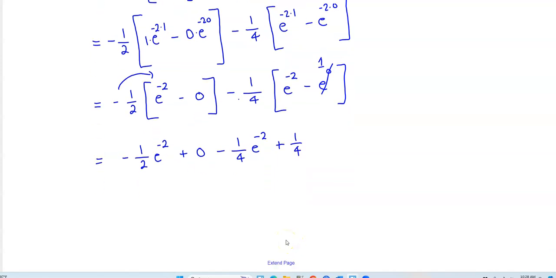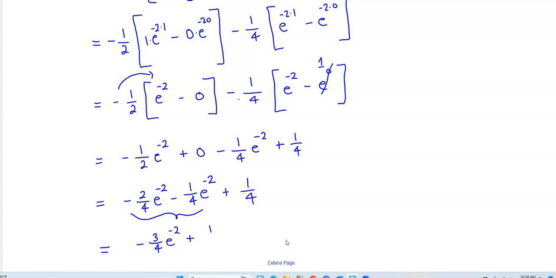And so then we can combine like terms. We have negative 2/4 e to the negative 2 minus 1/4 e to the negative 2 plus 1/4. And then we can combine these terms. So we have negative 3/4 e to the negative 2 plus 1/4. And therefore that is our result.